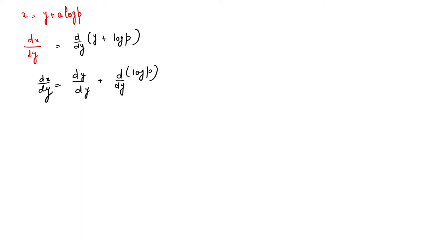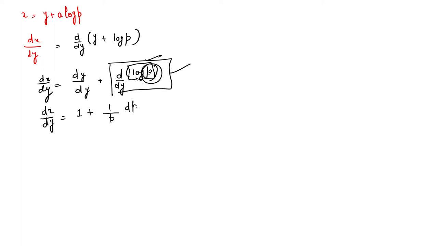In this case, how can you sort it out? This is dx by dy, it can be taken as 1. What is the derivative of this? Its derivative is 1 by p, because derivative of log p is 1 by p. Then derivative with respect to p, that is dp by dy.